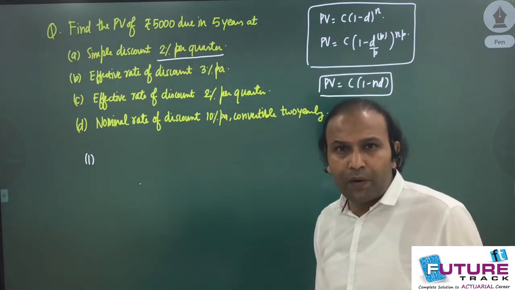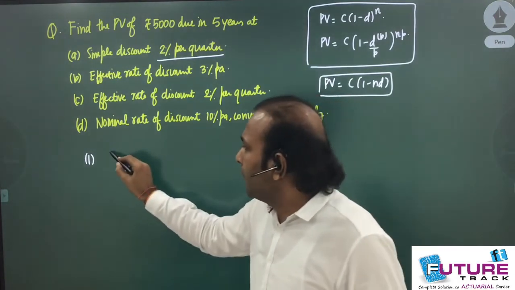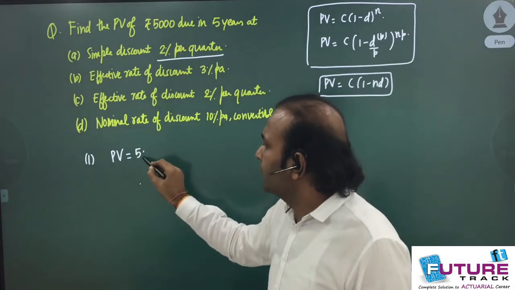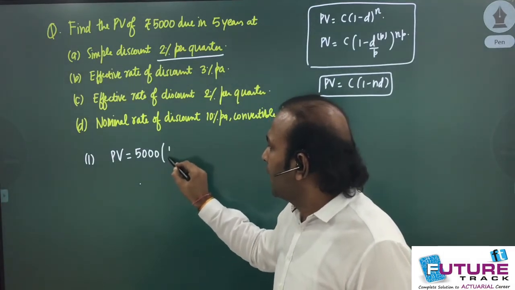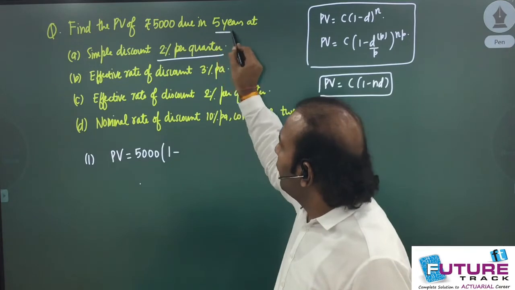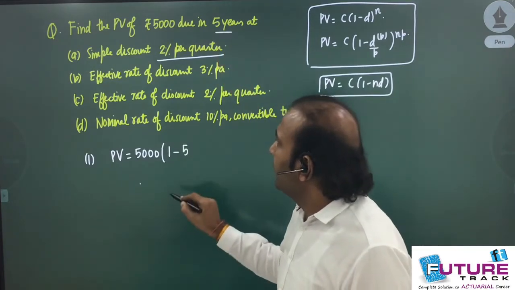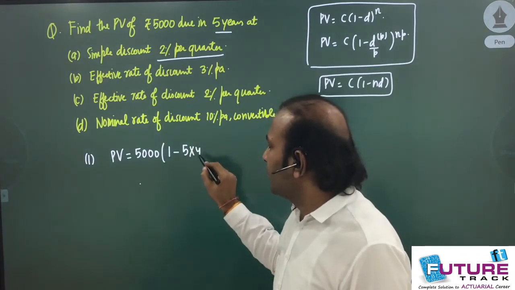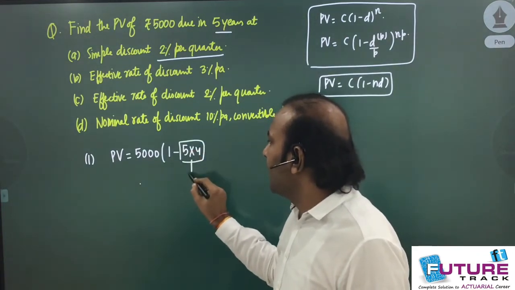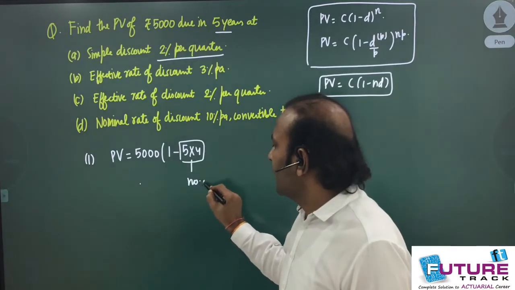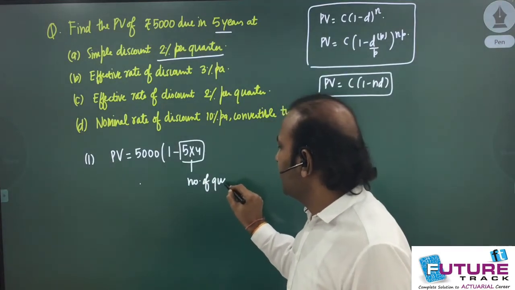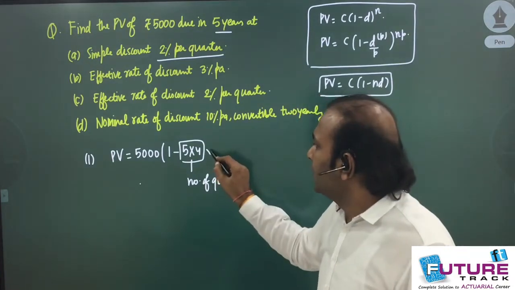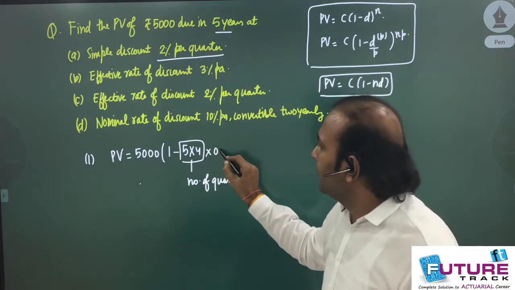Class, unit is very important, again and again I am saying. So my present value will be what, 5000, 1 minus, see number of years are 5, but how many quarters are there in 5 years? So 5 into 4. So these are 20, number of quarters. Fine. Into rate of discount is 0.02.